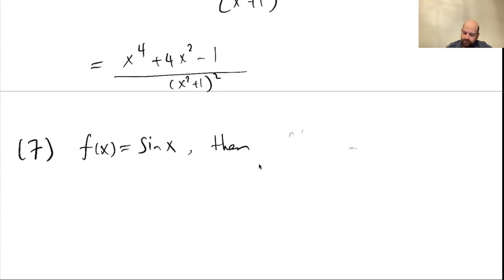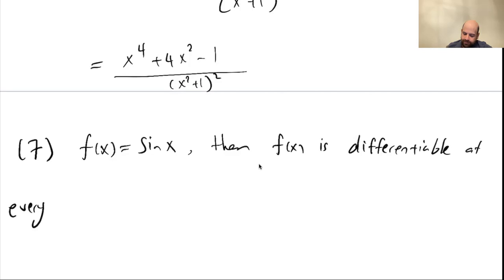Or let me say then f of x is differentiable at every point, and f prime of x is equal to cos x. So sine x is a function which is always differentiable, in other words, differentiable from minus infinity to infinity. And the derivative of sine x is cos x.